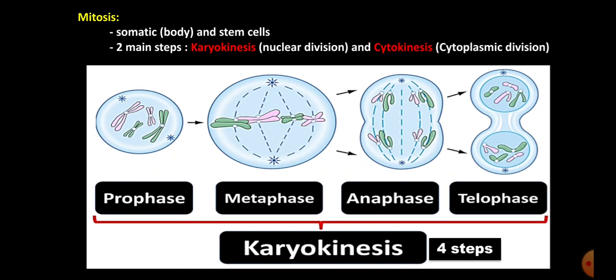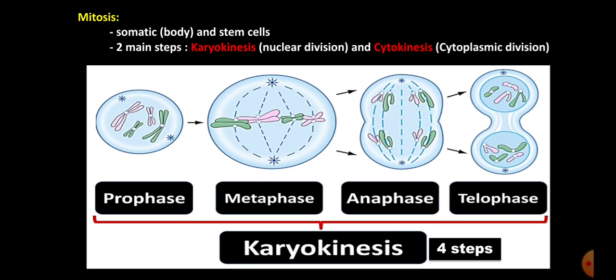And one important characteristic of this metaphase is that all the chromosomes arrange in the center or in the equatorial plane of the cell. Okay, and as you can see, those lines which are called spindle fibers start forming in the metaphase. Okay, then let's move on to the third phase, which is the anaphase.